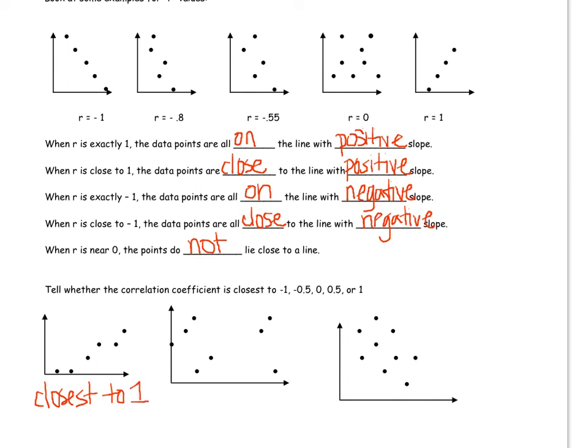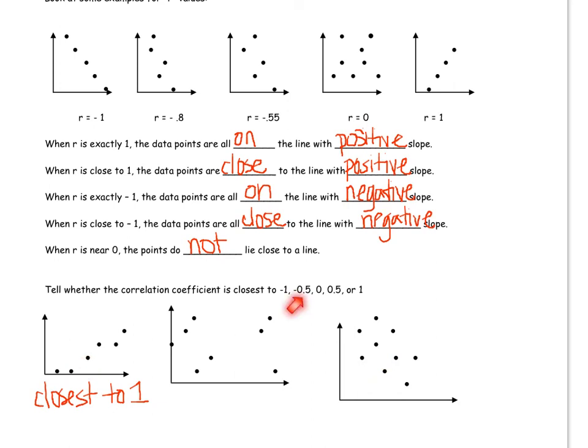Let's look at this last one here. If I drew a line, it would come down like this, so we know it's negative. And our options are -1 or -1/2. If you notice, if I drew a line here, these points are spread further from that line than in the previous one we just did.